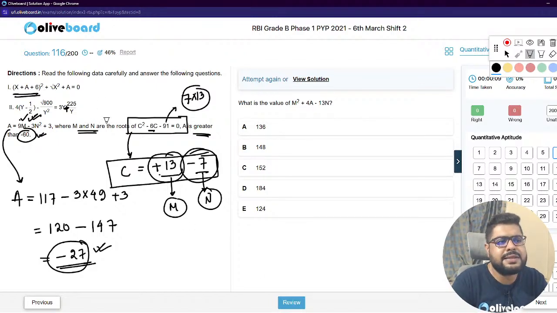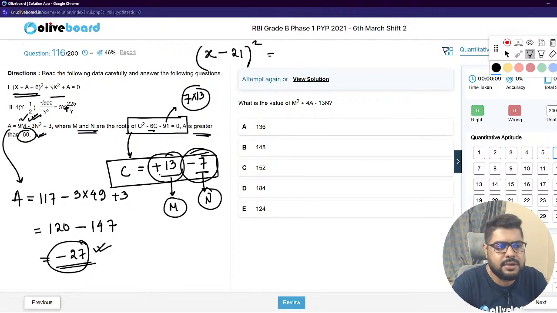Sir, x plus a plus 6. So x, a plus 6 will be, sir, minus how much, sir? -21. Whole square. It is equal to root x square is x. Sorry, this is plus now. Plus x and, sir, -27, because plus a means -27.